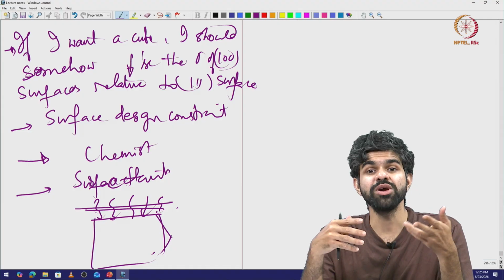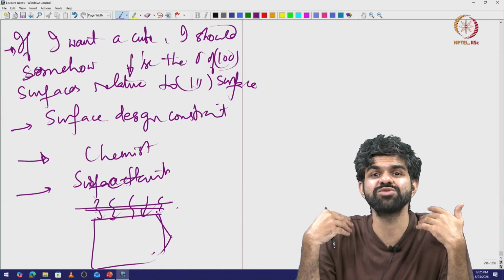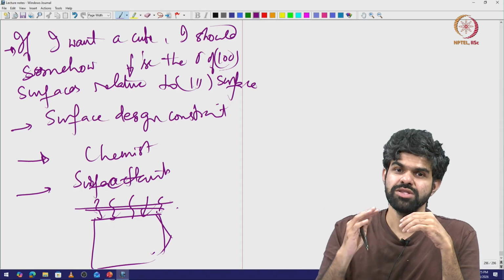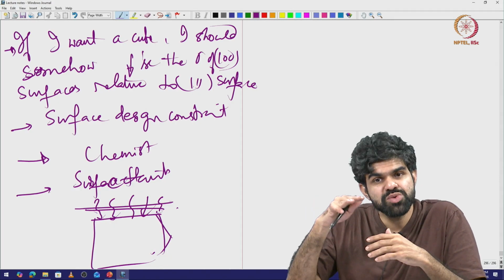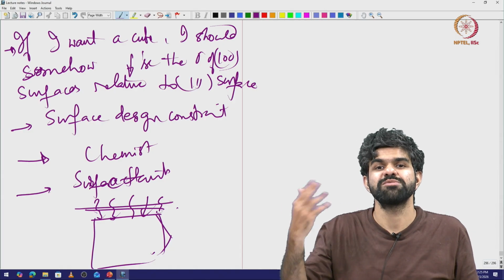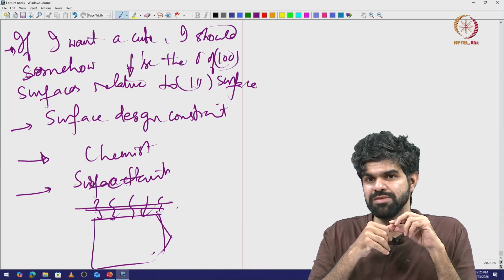Beyond that, what I do should be surface modifications, that's where the surface chemistry comes in, okay. That's beyond thermodynamics, but again, from a thermodynamic perspective, I am reducing the gamma of 100 with respect to 111, so that the cubes become more feasible than the other shapes, okay.